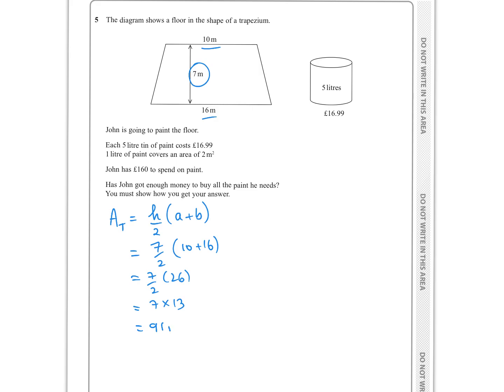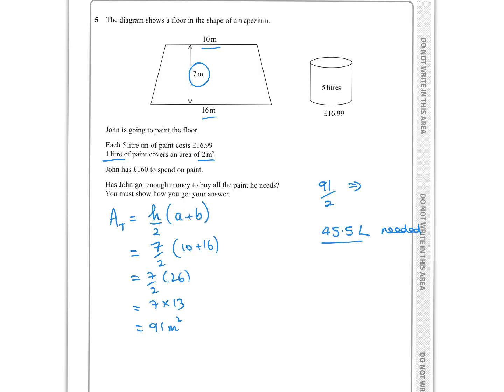So 91 metre squares. We know that 1 litre covers 2 metre squares, so we're going to see how many 2's go into 91. So 91 divided by 2, that's going to be 45.5 litres needed.